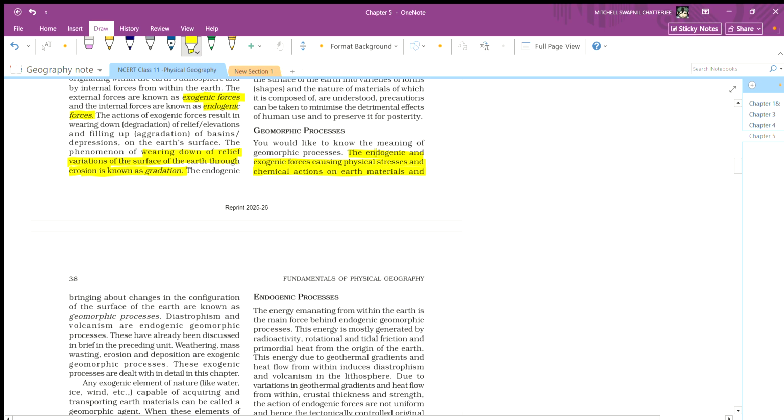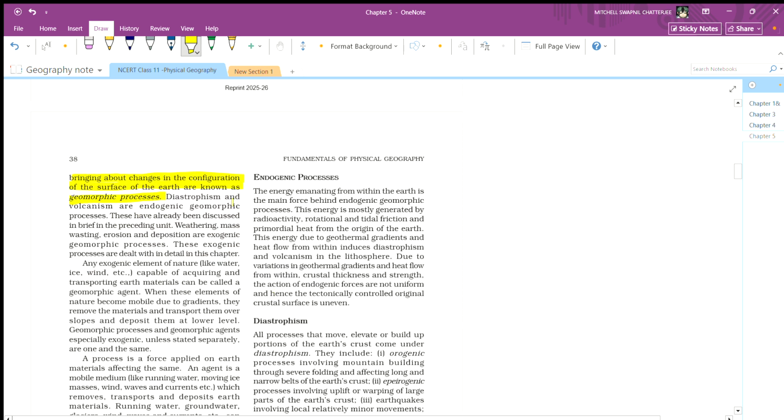Physical stress is caused by endogenic forces and chemical action is caused by exogenic forces on the earth material, and they bring about a change in the configuration of the surface of the earth, known as geomorphic processes.